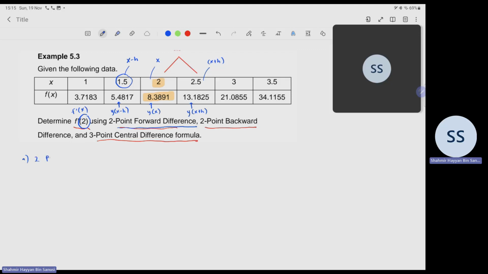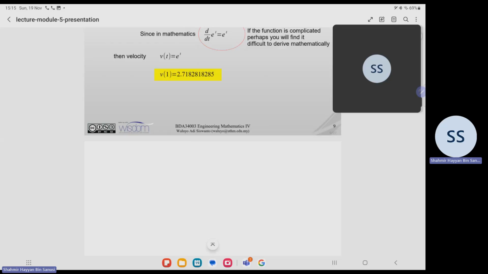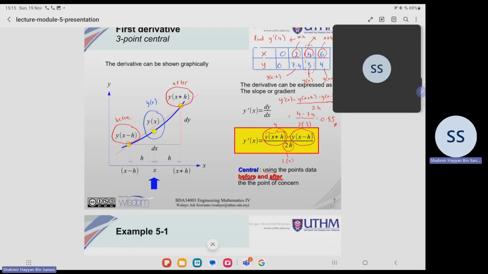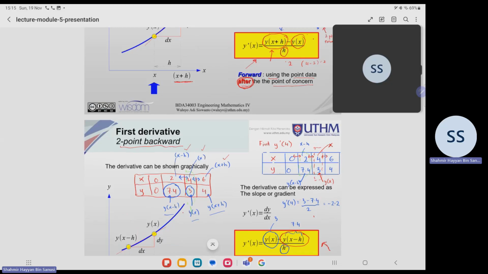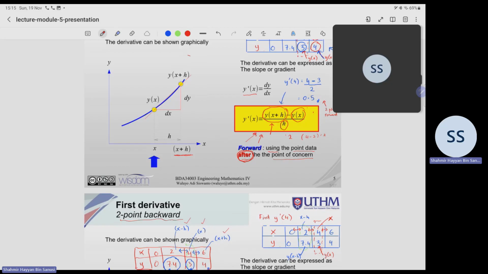So f prime 2 is equal to... sorry, I also forgot the equation. Wait, hold on. So the equation for 2-point forward is f(x plus h) minus f(x) over h.